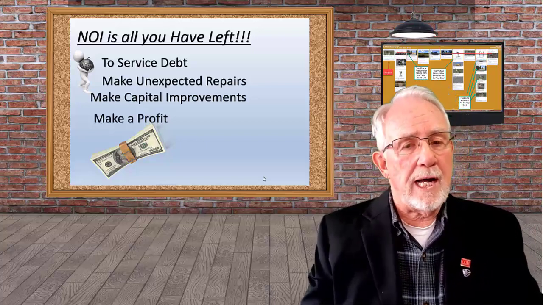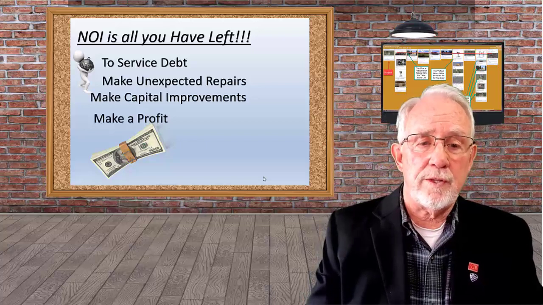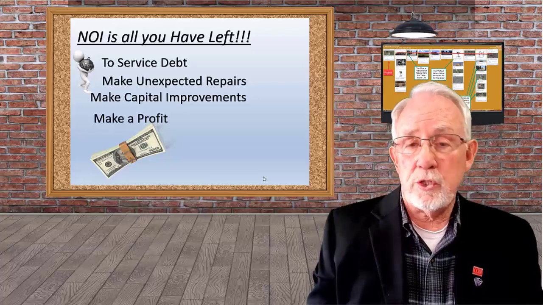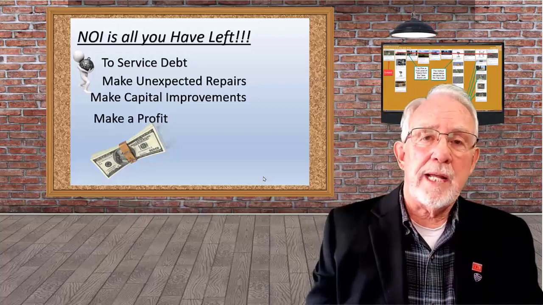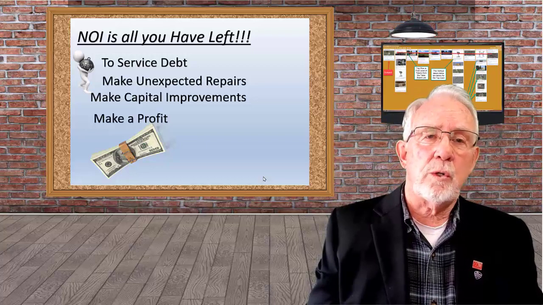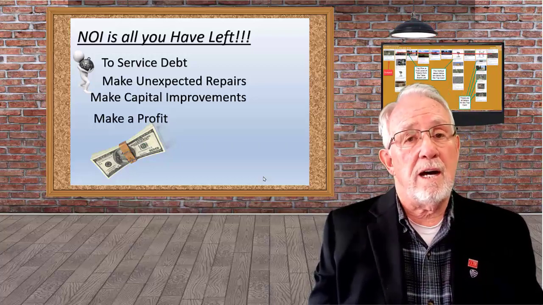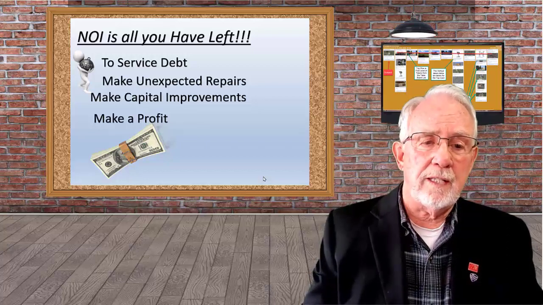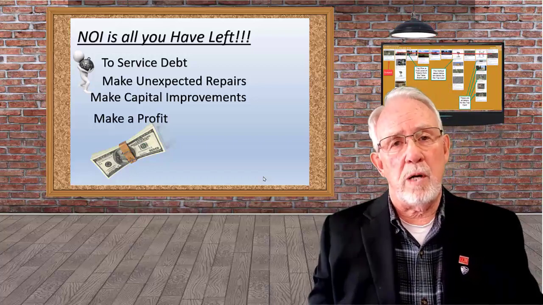Your NOI will be wiped out and your profit will go along with that. You won't have enough money to make capital improvements, which you should be making all along. And so to make a profit when your margins are real close is very difficult. You may and you may not, depending on the quality of the units when you bought them. And it's up to you, the new owner, to make the profit.